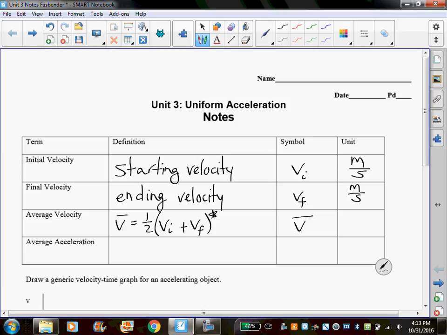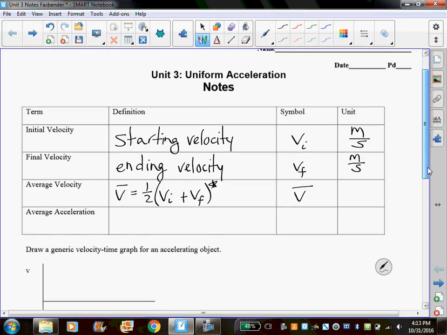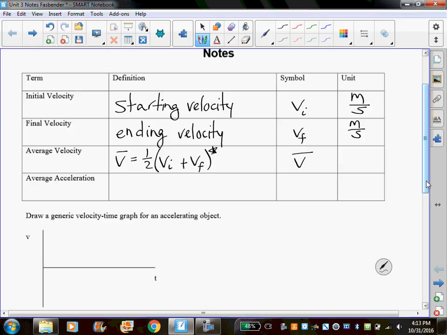This equation only works sometimes, not all the time. And that's a big thing in this class. I want to give you guys things that work all the time. But this is one that I'm going to put a star next to and tell you that this one only works if acceleration is uniform.